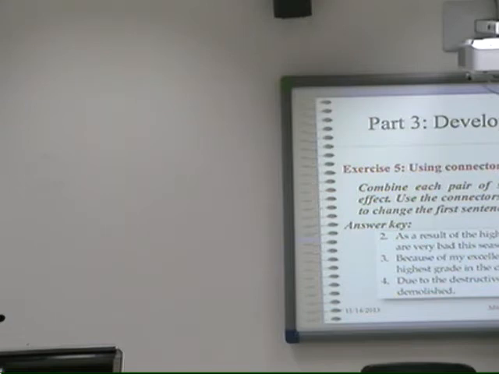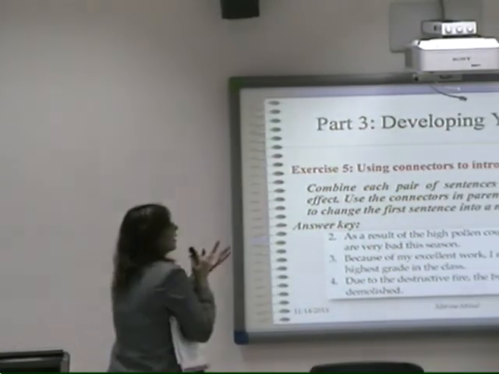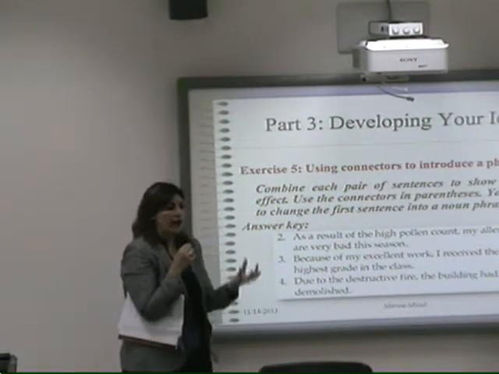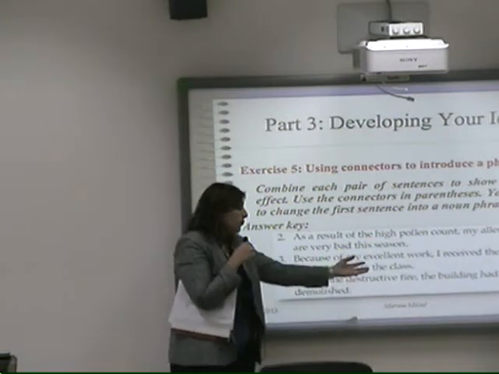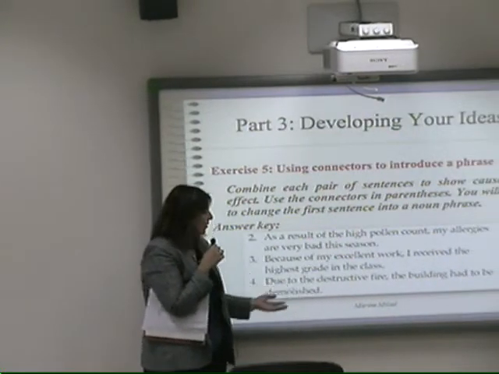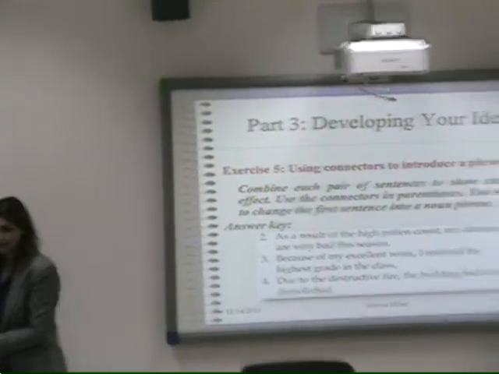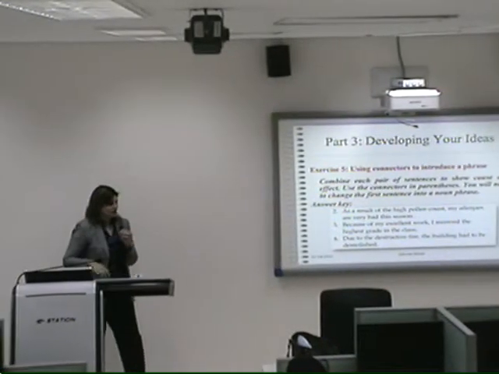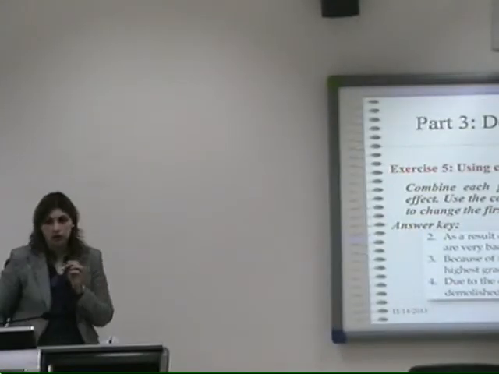So the point is to decide where is the cause and take the cause and change it into a noun phrase. Because of or due to the destructive fire, the building was demolished. Okay? Easy? Hopefully. And I want you to express yourself using all of these cause connectors.